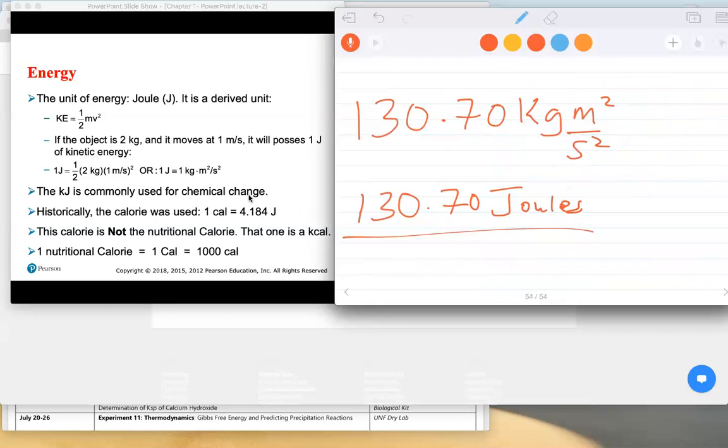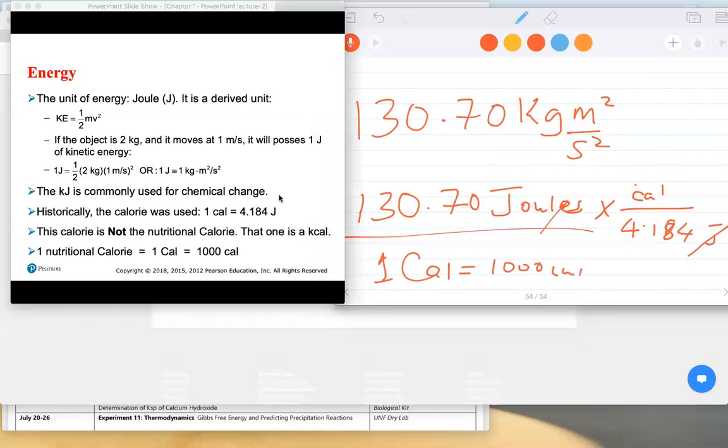For example, here I can change to lowercase calories by using 4.184 joules, and joules and joules cancel, and I end up with lowercase calories. 1 Calorie equals 1,000 lowercase calories. So that is a typical question on kinetic energy.